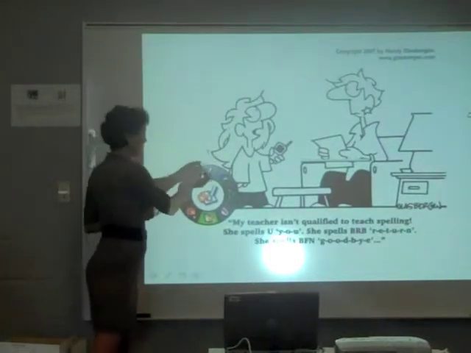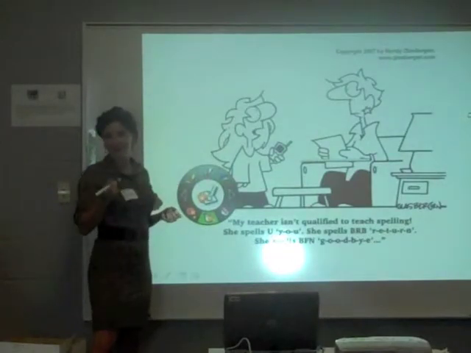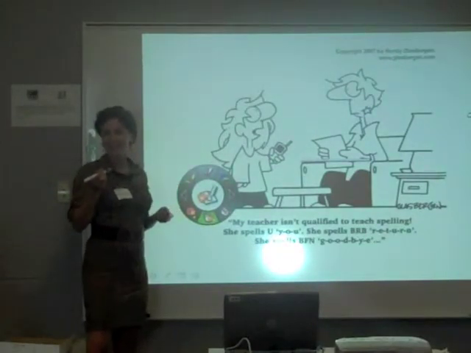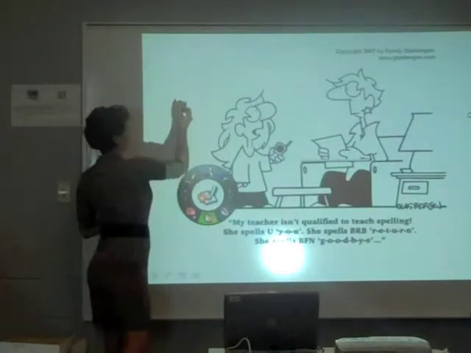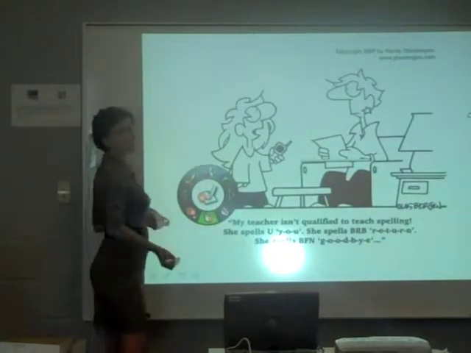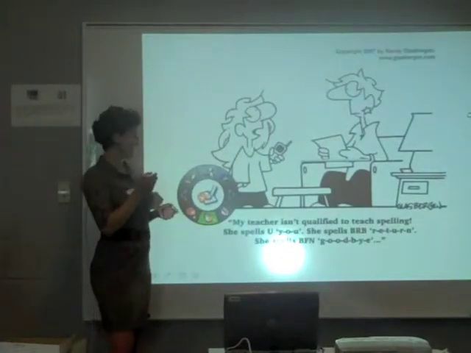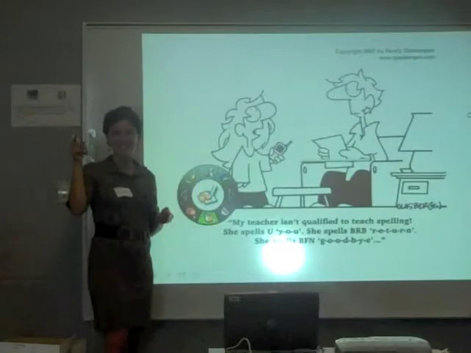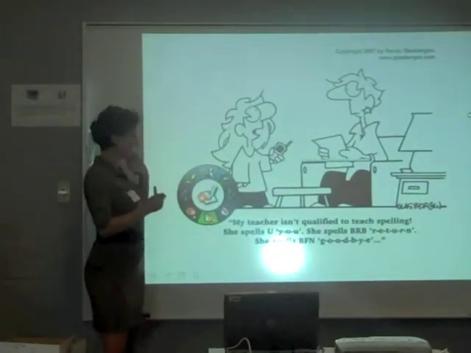Does anybody know any other text shortcuts? LOL, laugh out loud. TTYL, talk to you later. That's a good one. See, she's texting. She's a texter. You can tell who the texters are in the room.